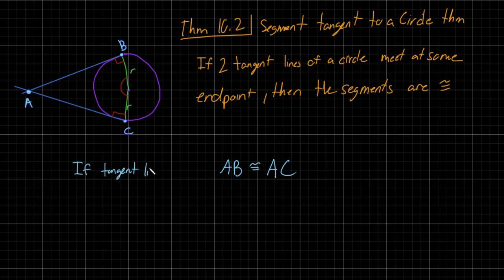So if tangent lines AB and AC meet at point A, then AB is congruent to AC. And these two are tangent lines of what circle, if I label my middle P?